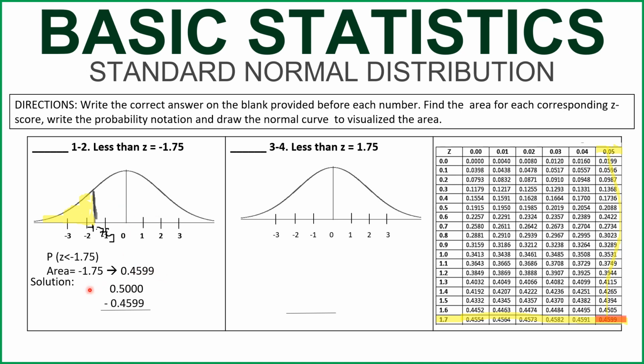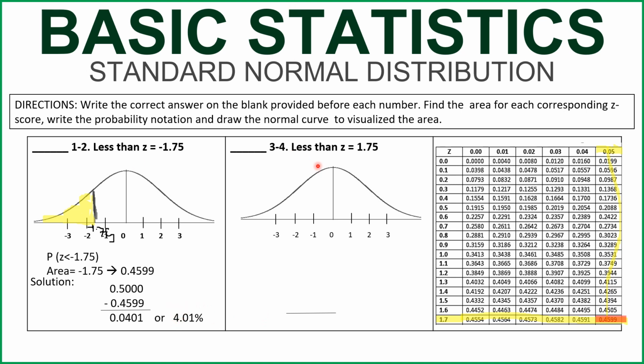This is how you show your solution when you're computing manually. But you can solve this right away when you input it in your calculator. But anyways, therefore, our area is 0.0401, or that's equivalent to 4.01%.